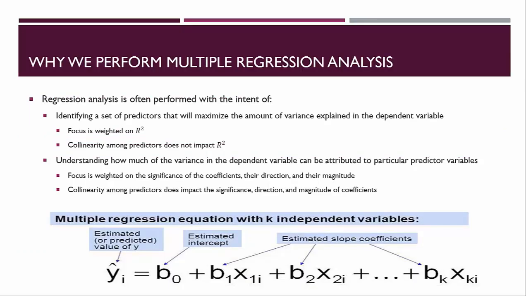When we perform multiple regression analysis, we're often doing it for one of two reasons. First is that we're interested in examining and explaining a set of predictors that maximize the variance explained in the dependent variable. When we do that, we're often focused on examining the R-squared of the model, right?